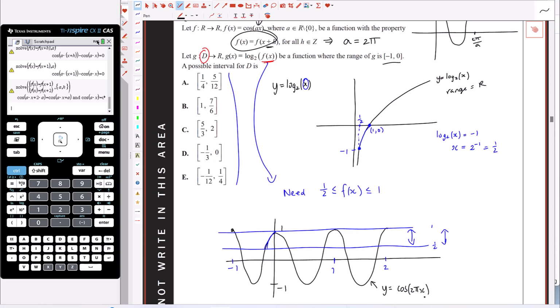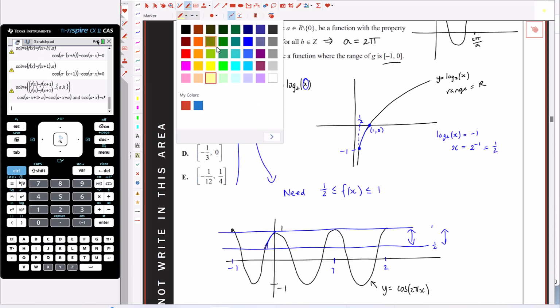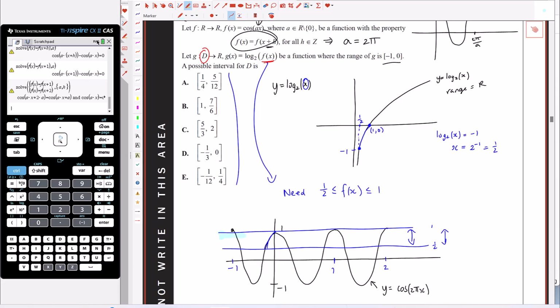And now we need to work out which of these domains gives us a range that's only in this blue region from a half to 1. So remember, we're looking for the domain to be such that the graph only sits in this section here. In fact, the range needs to be from -1 to 0, so it has to span that full highlighted range I've just drawn in there.